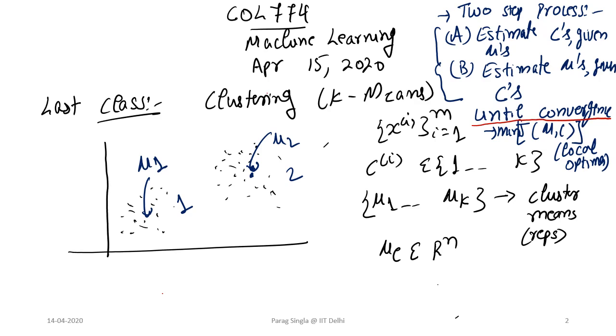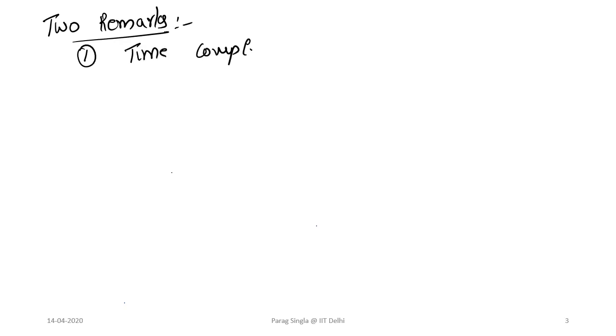So let's move forward. There are two remarks that I want to make before we proceed further on to the next algorithm. The first one is the time complexity of the k-means algorithm.